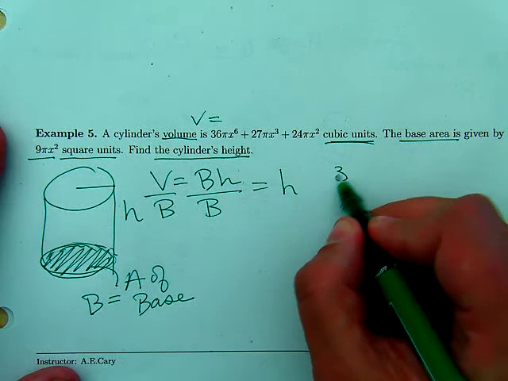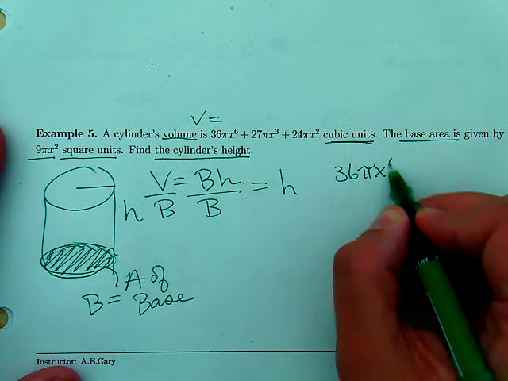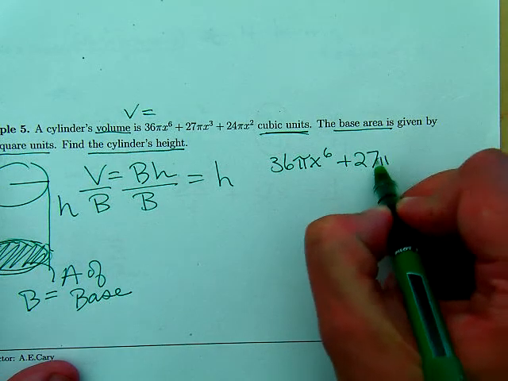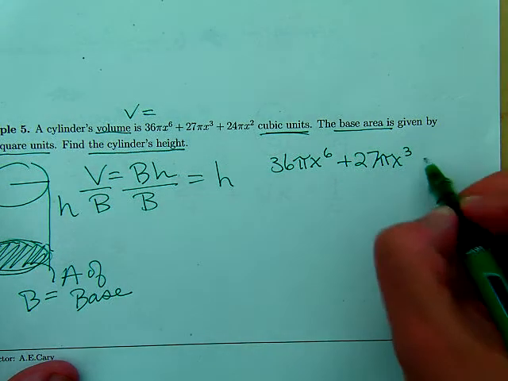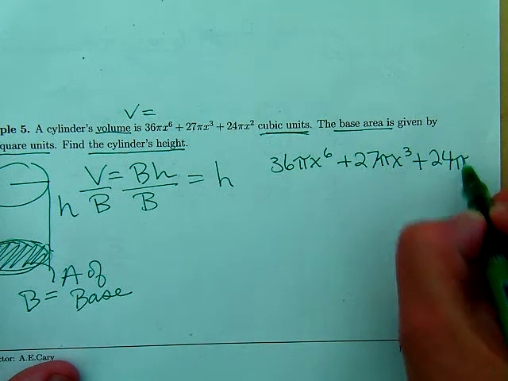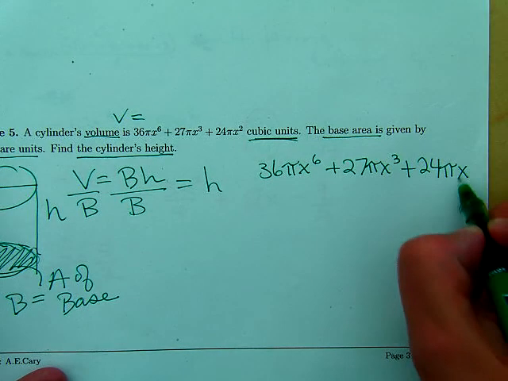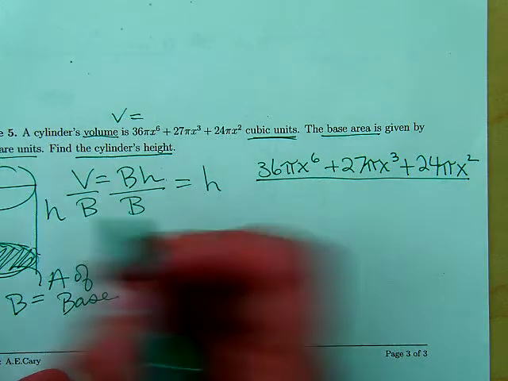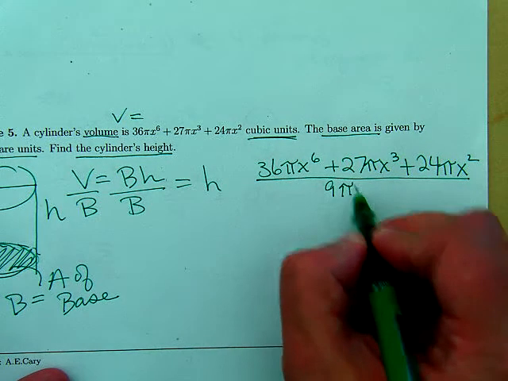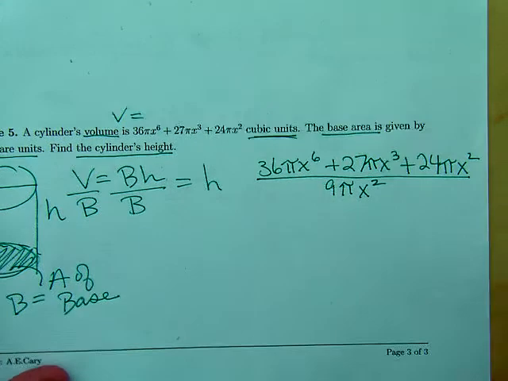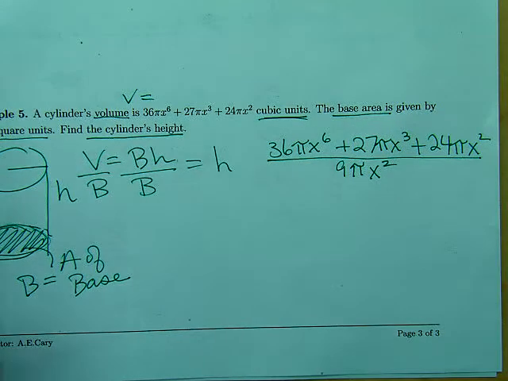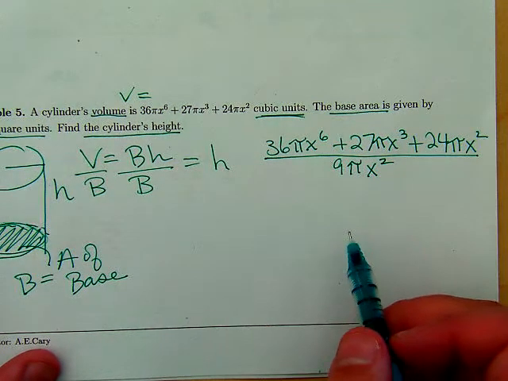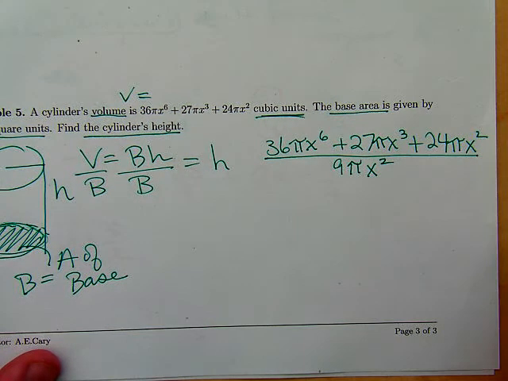So I'm going to take the 36 pi x to the 6 plus 27 pi x to the third plus 24 pi x to the second, and I'm going to divide the whole thing by the area, 9 pi x squared. That means I'm really dividing that into each term. The volume is a trinomial, okay?